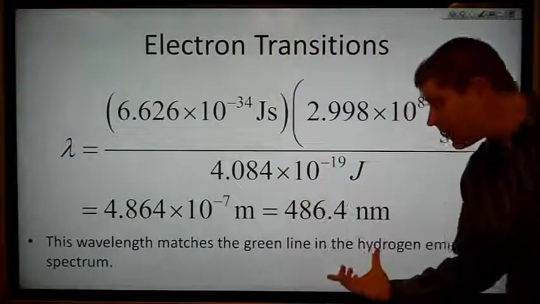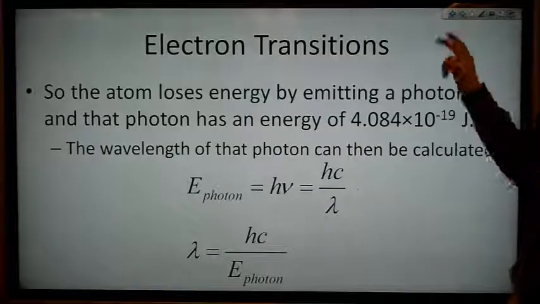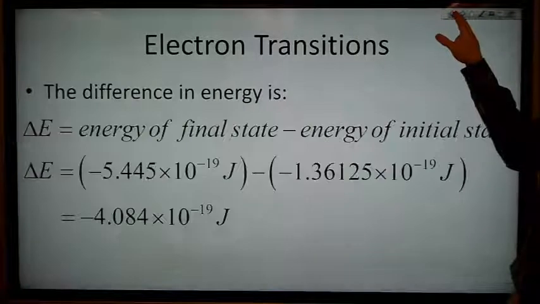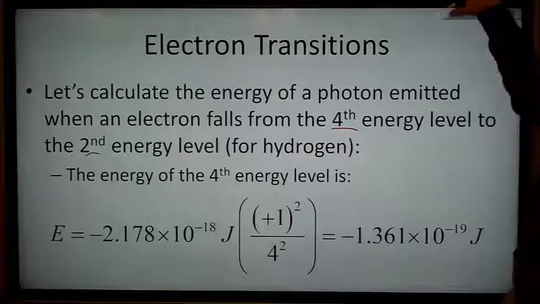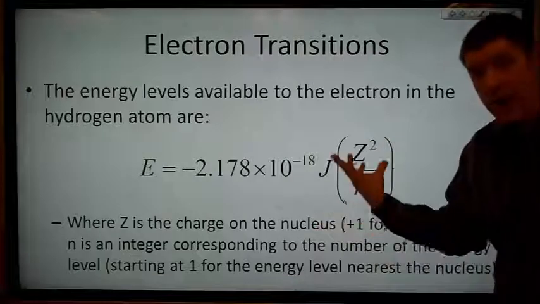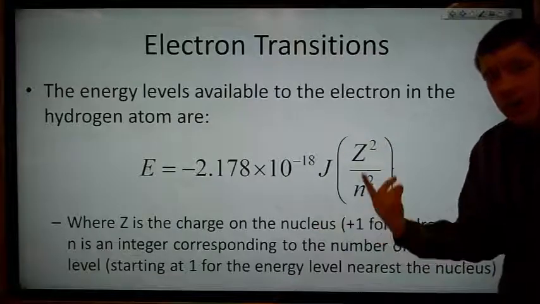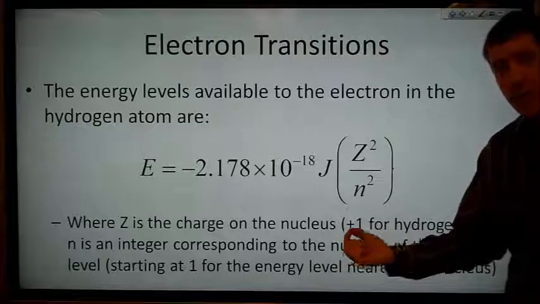And so now, using the combination of this equation and this equation, we can figure out where those lines in our hydrogen spectrum are coming from.